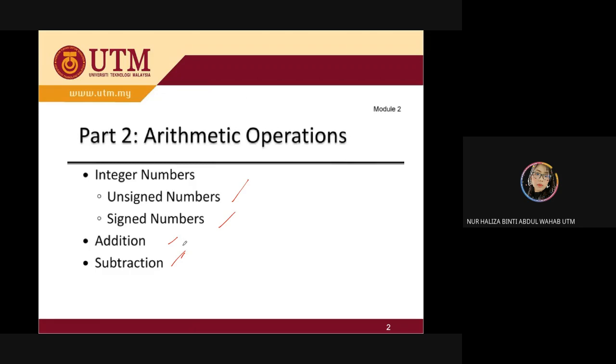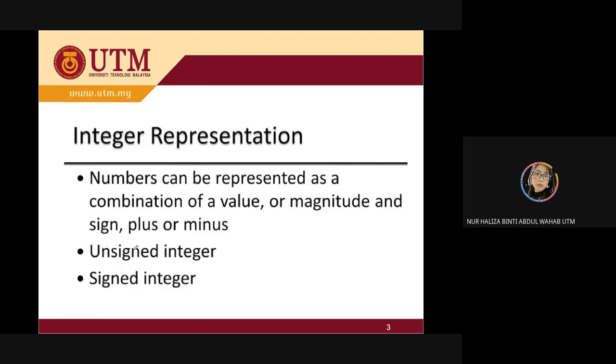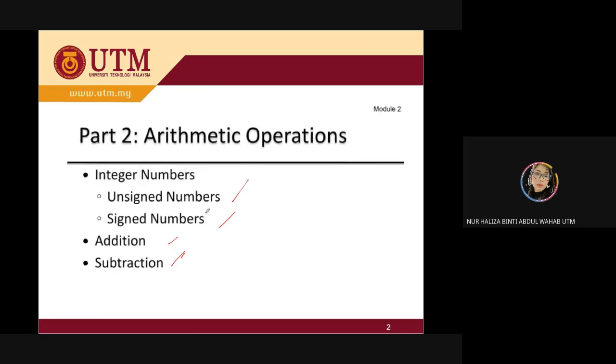If you still remember what I told you yesterday, why we need to learn second complement, first complement, why we cannot just apply the unsigned and signed number and then just add, because there are errors and so on. I will show you later why we need to learn other methods or approaches. Before we go deeper, we need to learn unsigned and signed number.